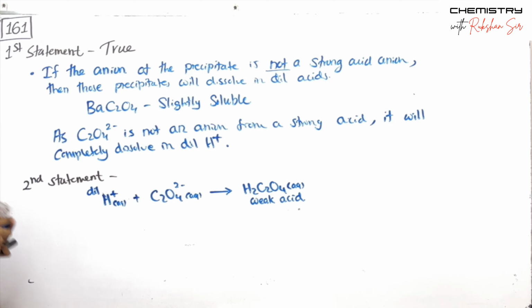Even the C2O4 2- ions in the precipitate are removed, ultimately forming H2C2O4, which is a weak acid.